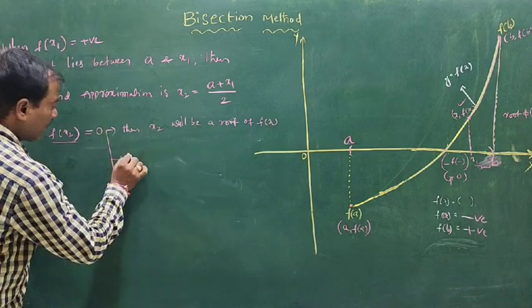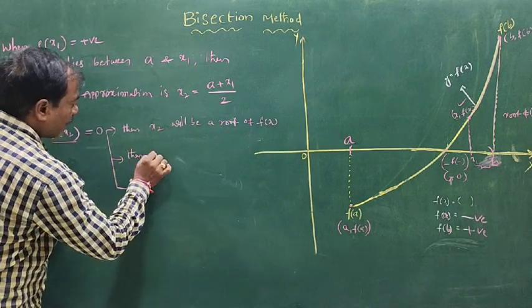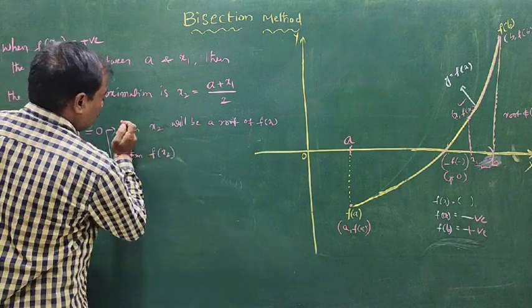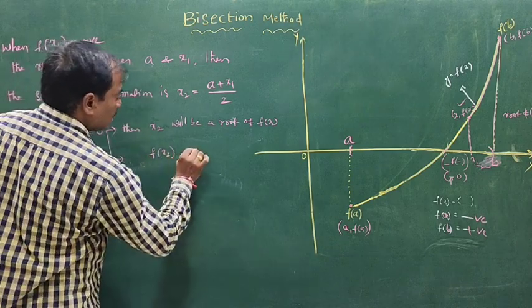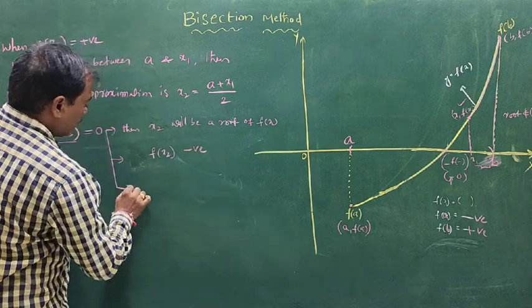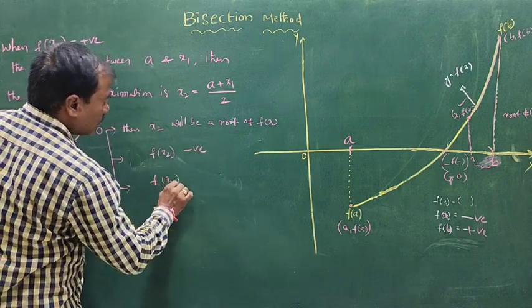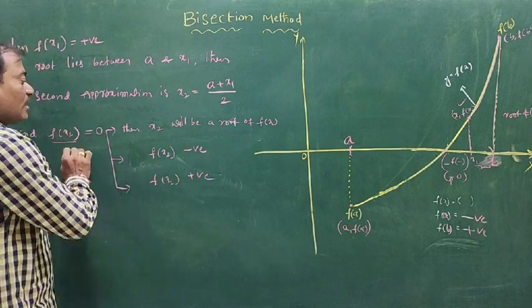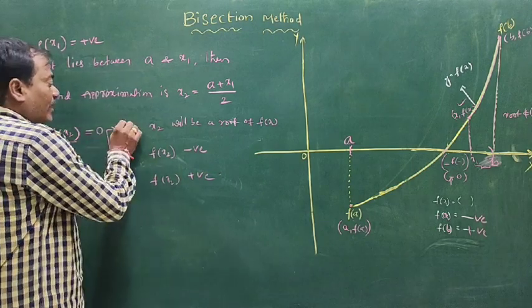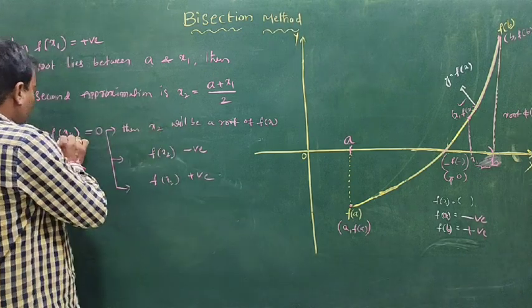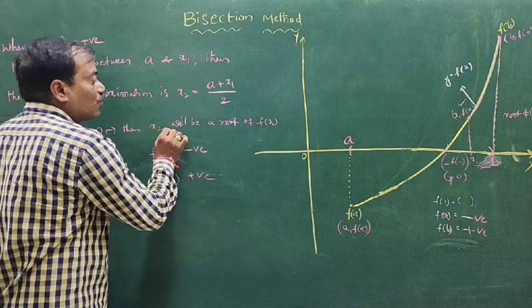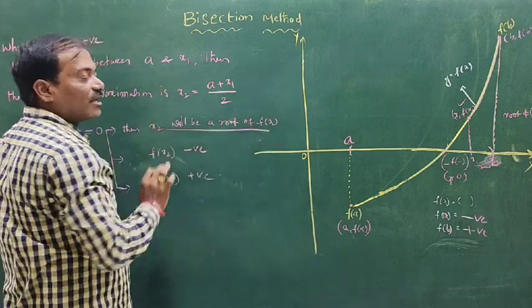And there are two more possibilities: f of x2 is negative, and f of x2 is positive. So when f of x2 is 0, then x2 will be a root of the given equation.